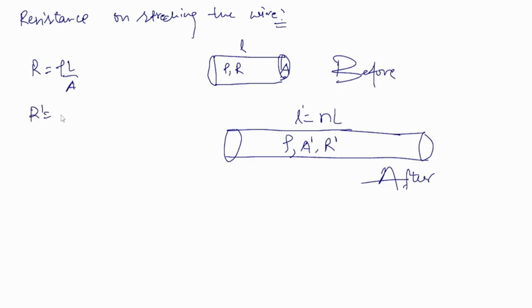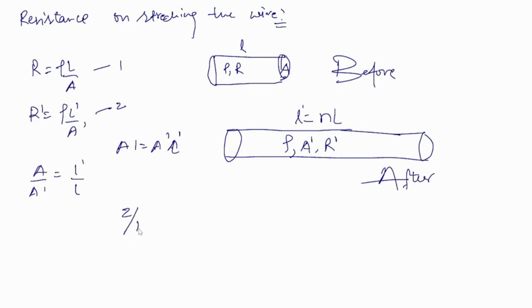R dash is equal to rho L dash by A dash. You know that A by A dash is equal to L dash by L. Why? Because volume will be constant. A into L equals A dash L dash. Suppose this is equation number 2 and this is equation number 1.